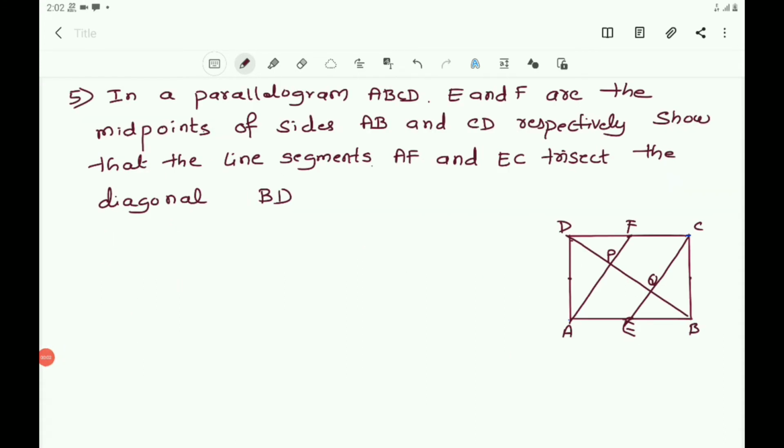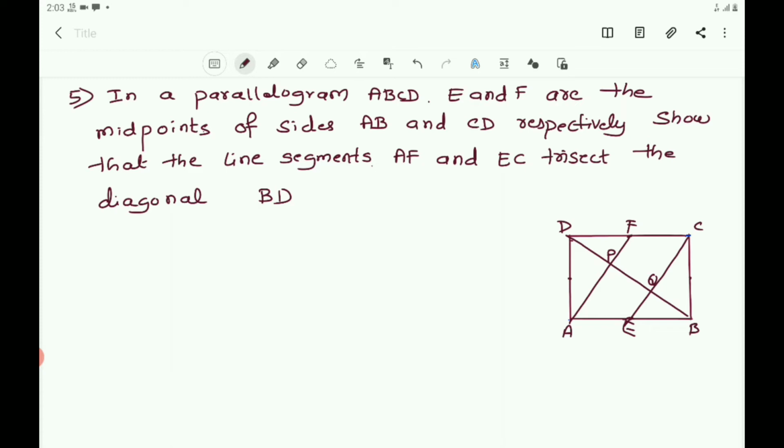Now the fifth question. In a parallelogram ABCD, E and F are the midpoints of sides AB and CD respectively. Show that the line segments AF and EC trisect the diagonal BD.